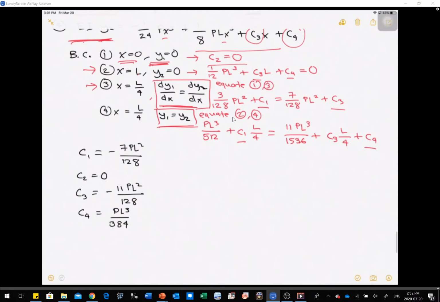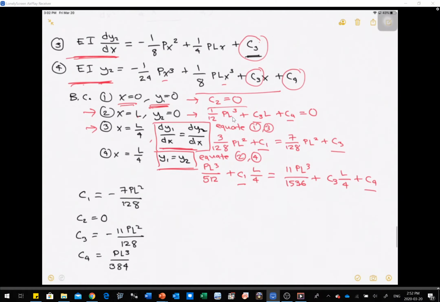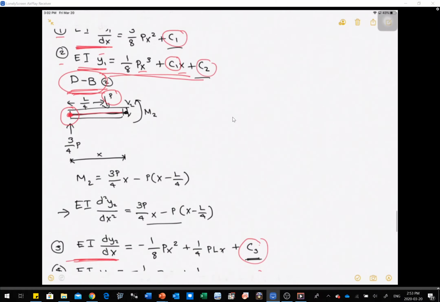Now, but that's not the question right there. The question is what would be the deflection at point D. So we can substitute x is equal to L over 4, and then eventually we will get this equation right here, which we defined above.